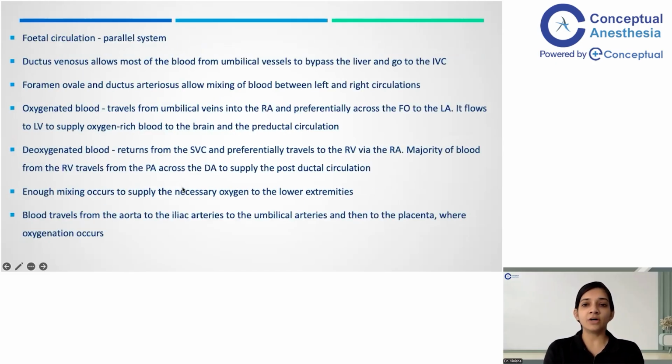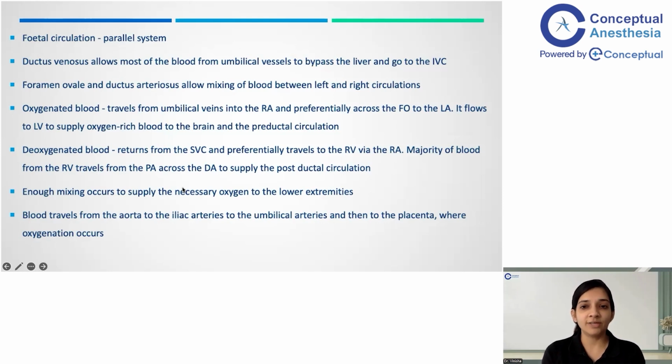Now, fetal circulation is notable for being a parallel system prior to transitioning to the serial circulation at birth. The ductus venosus will allow most of the blood from the umbilical vessels to bypass the liver and go directly to the inferior vena cava.